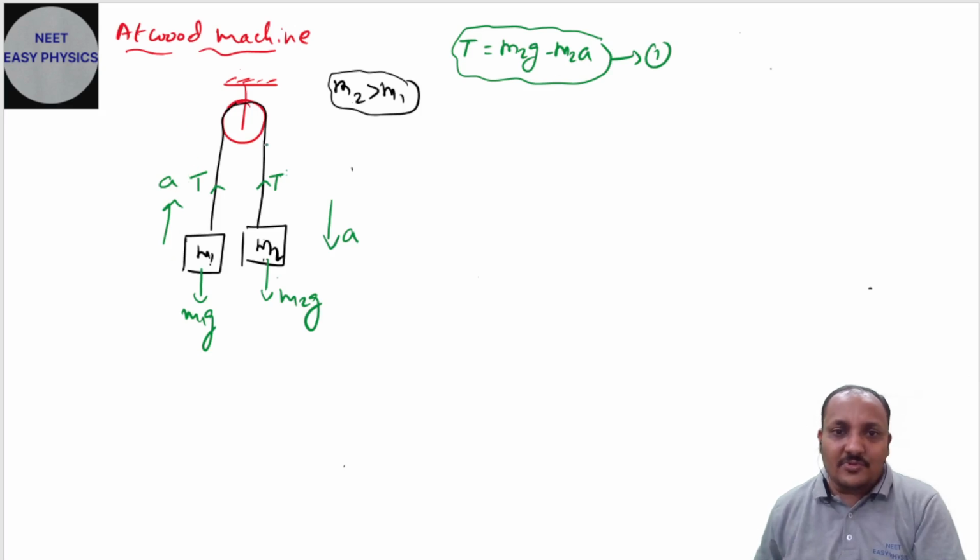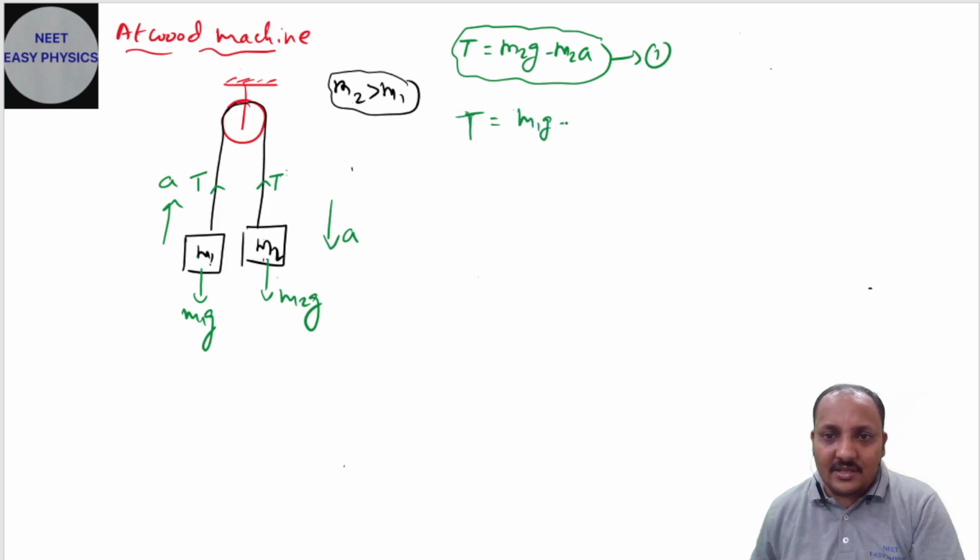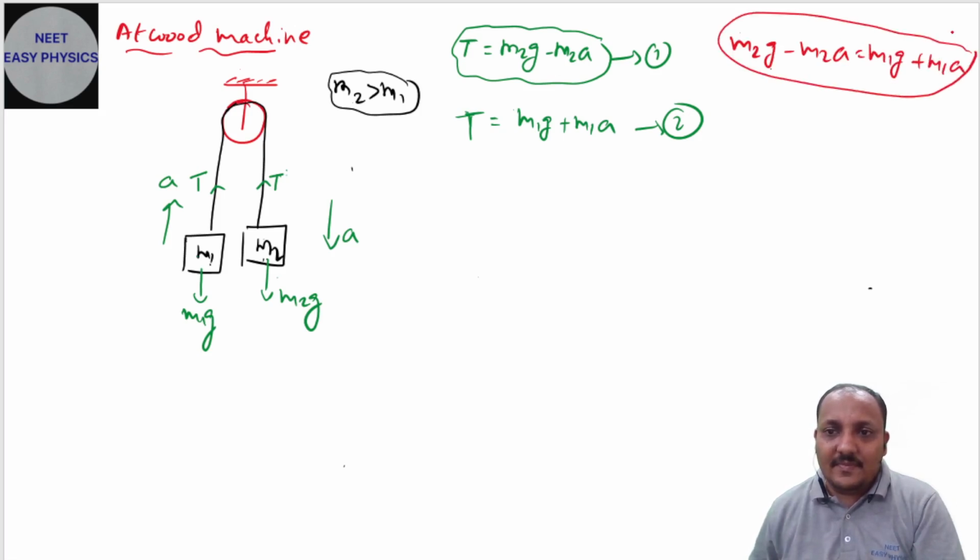If it is moving upwards, on M1, what should you write? Upwards means T is equal to M1G plus M1A. Call it equation number 2. Now we equate both the equations. M2G minus M2A equals M1G plus M1A.